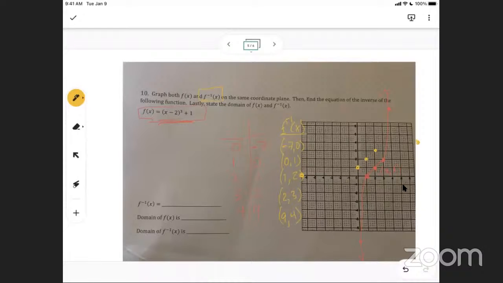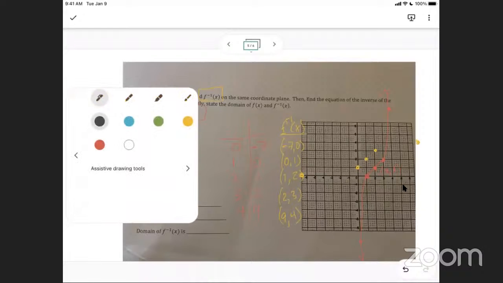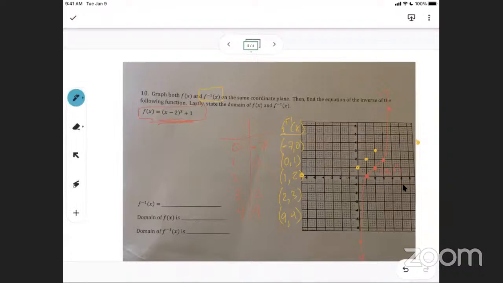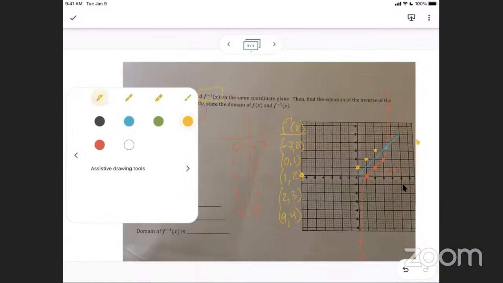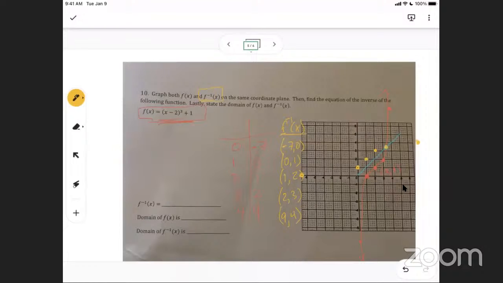oh, and by the way, let me also draw in my line y equals x, because this is really nice to have. Here's the line y equals x, goes perfectly through on a diagonal. Wherever one of them intersects the line y equals x, the other one's going to also intersect there. I don't have to actually find the point, but I know it's going to cross there. You understand what I'm saying? Yes.